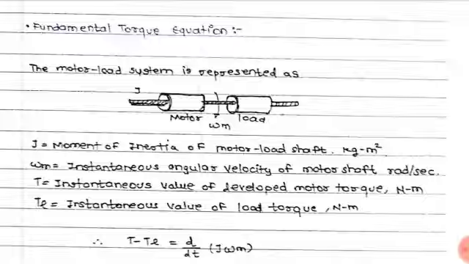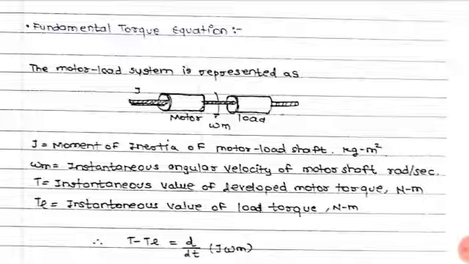And to accelerate, for increasing the speed, we have to increase the kinetic energy in the system. So J plays a very important role in the time of operation, the transient time of the system. Then direction of rotation is also important.